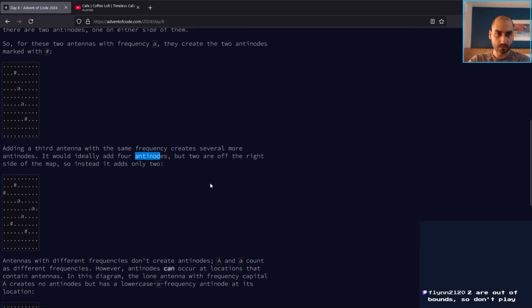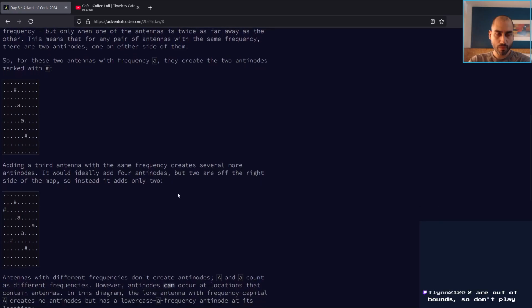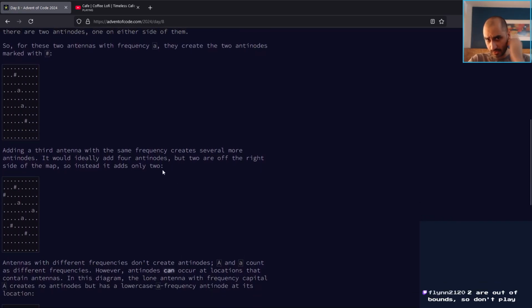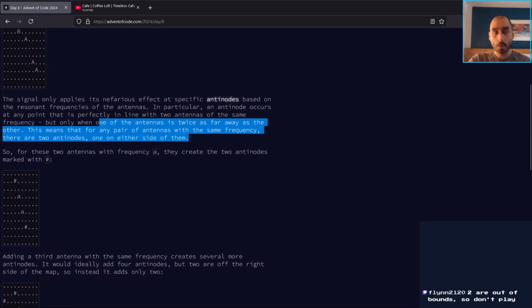So really, there can be at most 4 antinodes, but I think this is saying there's always 2. Yeah, there's always 2, but I mean, assuming they fit.